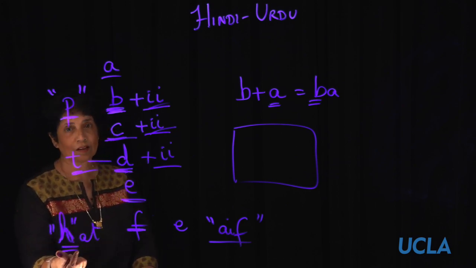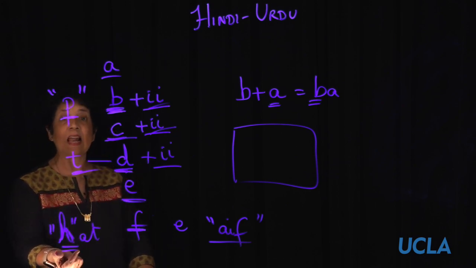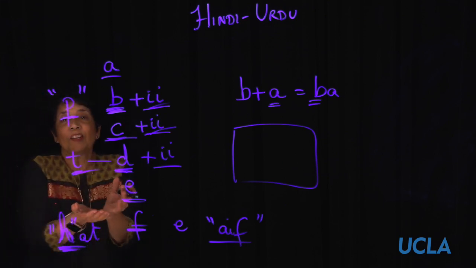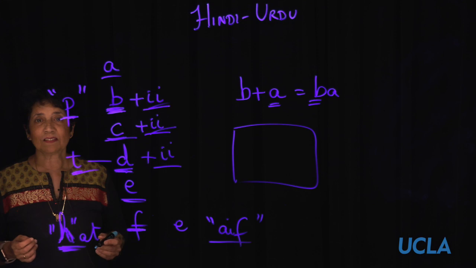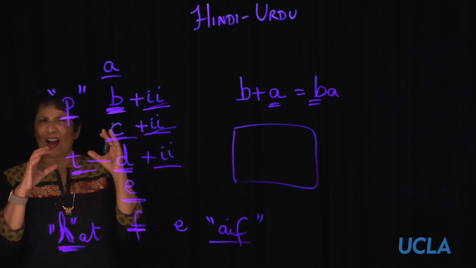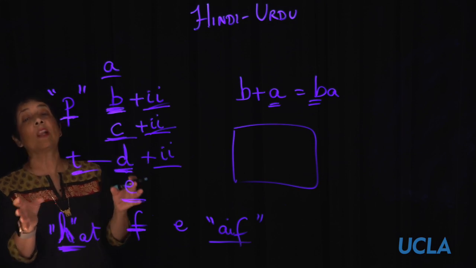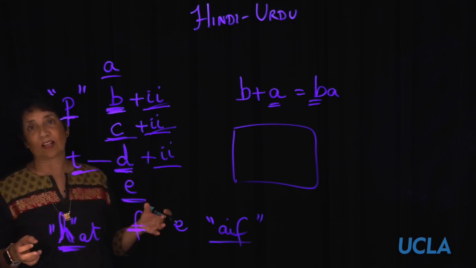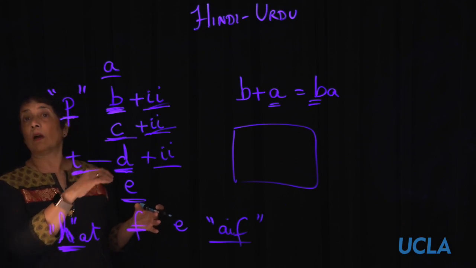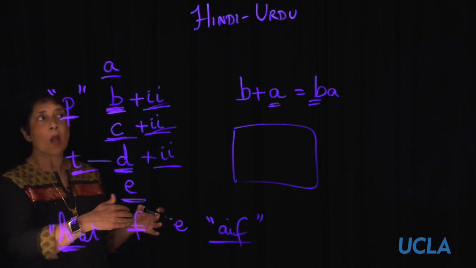We call, or the name for this letter is "aitch," right? Well, obviously we don't say "aitch-at." So the sound itself doesn't make sense, like calling it that doesn't make sense. And this is something we're going to avoid in Hindi-Urdu.